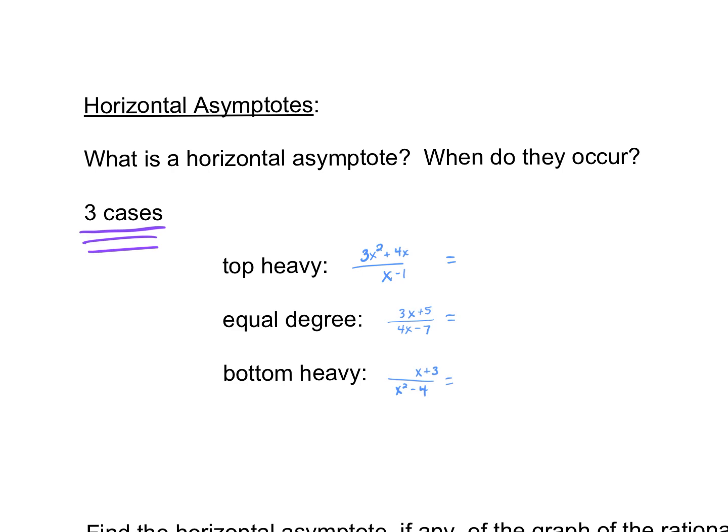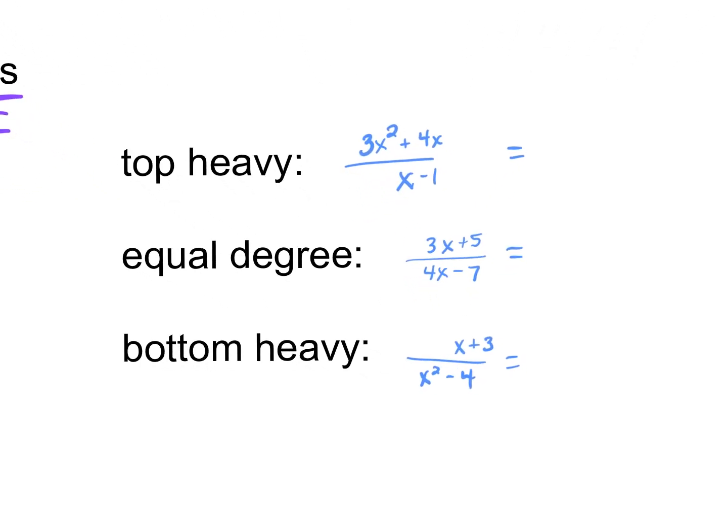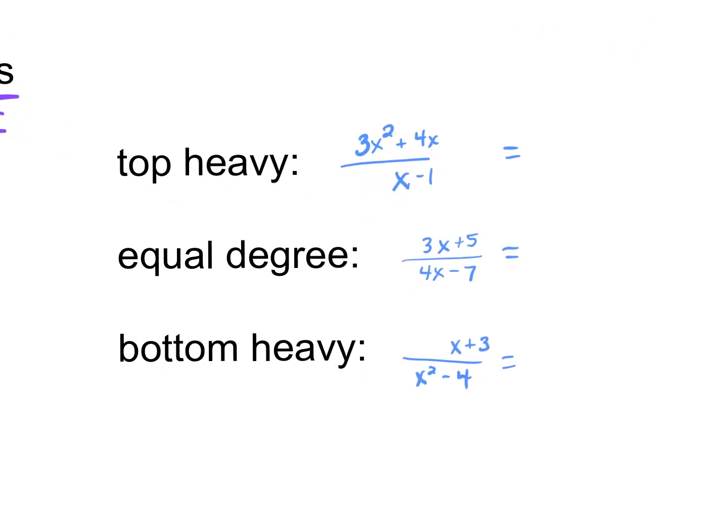So let's take a look. Some people prefer to memorize just the top heavy, equal degree, bottom heavy. And for me personally, I like to think of one way or method to think through the problem and not necessarily memorize what the answer is for top heavy, equal degree, and bottom heavy. So I'll show you what I'm talking about here.